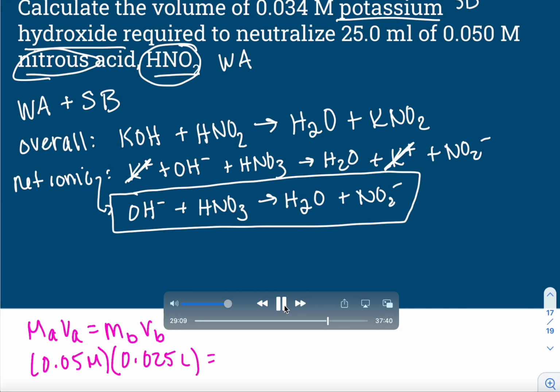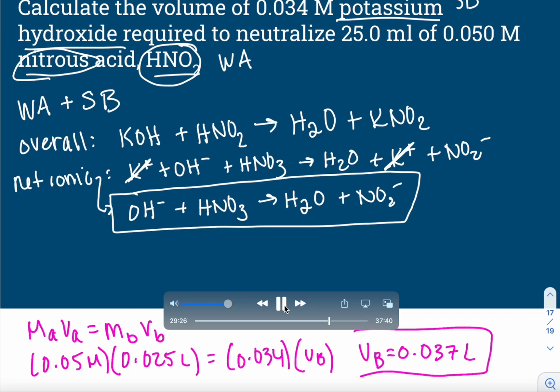And then the molarity of our base is 0.034 again. And so our volume of our base, not surprisingly, because we used the exact same numbers, is going to be this. Again, the only thing different here is going to be that net ionic equation.